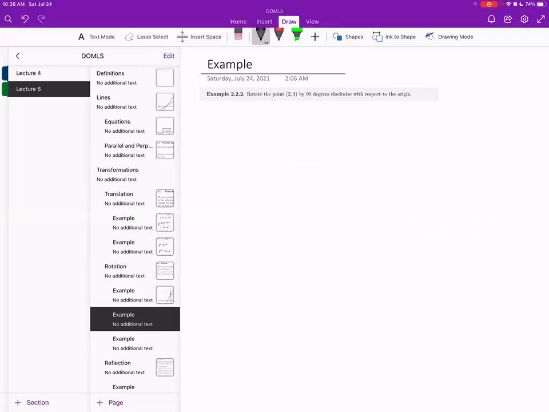Okay, so now let's look at this next problem, which is rotating the point 2, 3 by 90 degrees clockwise with respect to the origin. So if we draw our coordinate plane, let's label our axes 1, 2, 3, and 1, 2, 3.